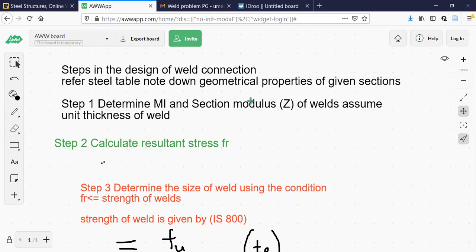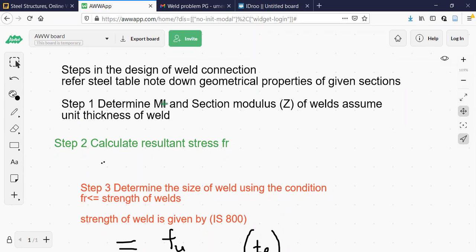You note down their geometrical properties which are relevant for solving this problem. Assume unit thickness of weld because we don't know the size right now. That is what we are supposed to design. The final outcome should be the size, whether it is 5 mm or 6 mm or 8 mm, like that we have to finalize it.